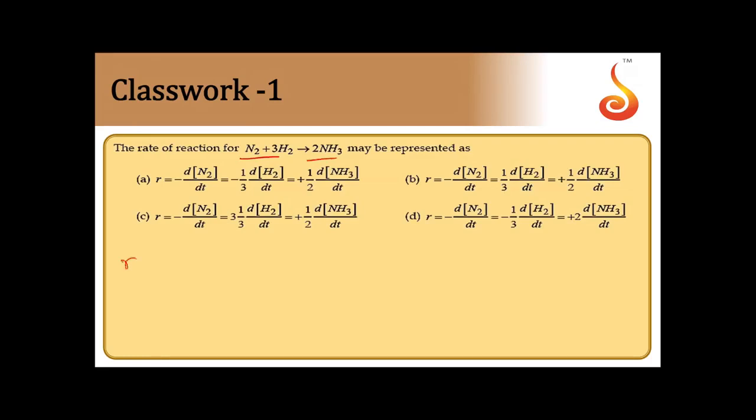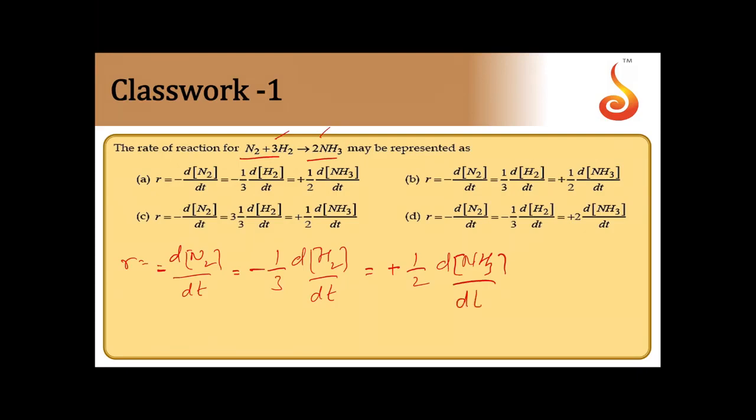So rate is given as minus d[N2]/dt, also equal to, since the coefficient of hydrogen is 3, minus 1/3 d[H2]/dt, also equal to, for the product, positive, plus 1/2 d[NH3]/dt.